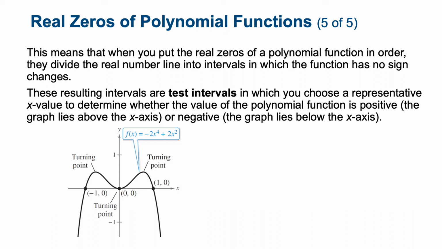If I just plug in one point, because it's in between two zeros, I know it's going to be that value the entire time. So let's say, for instance, between -1 and 0, if I plugged in -0.5 and it's positive, it's going to be positive for all this interval. If I did one here, it's going to be negative, and so on.